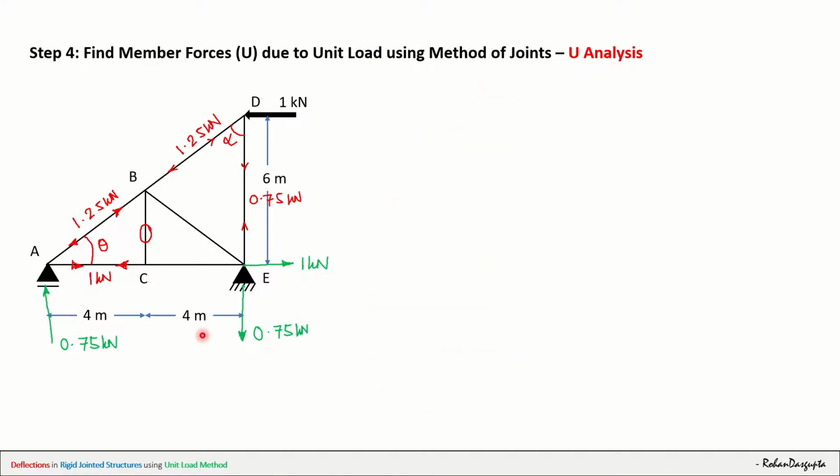All right, so now we have two member forces left, EB and EC. If we simply take this joint E, we will get the value of both these members.